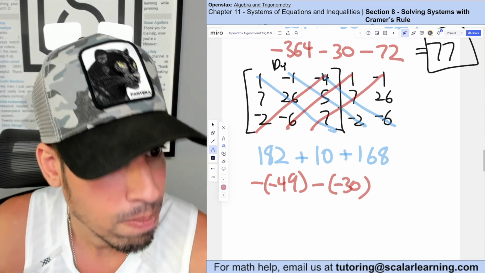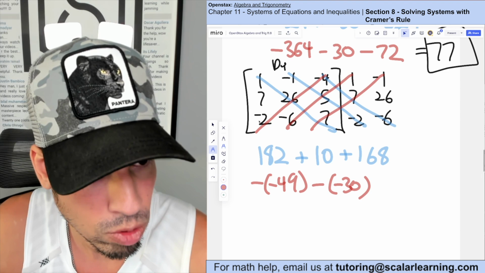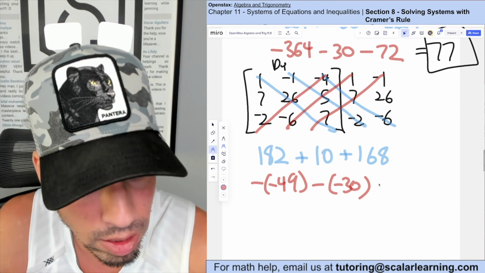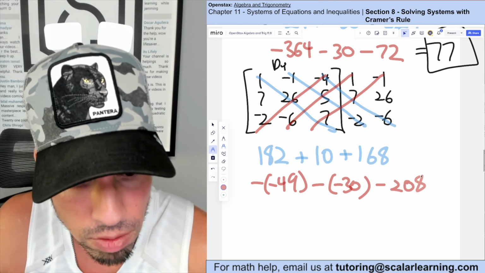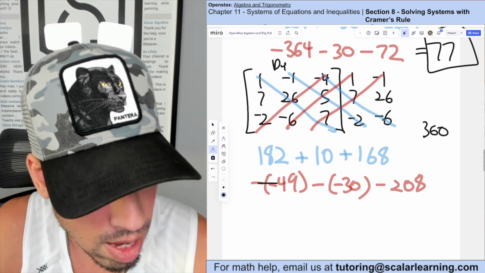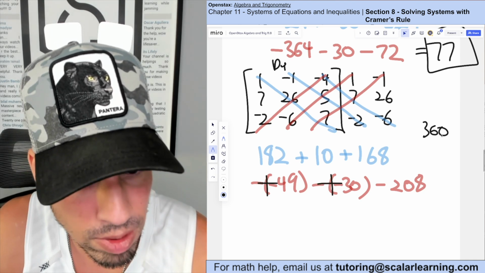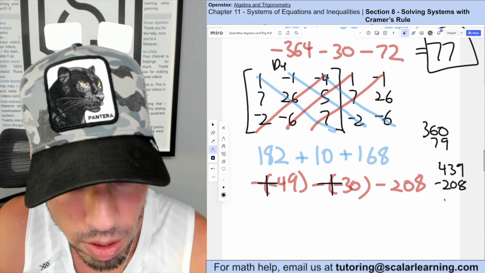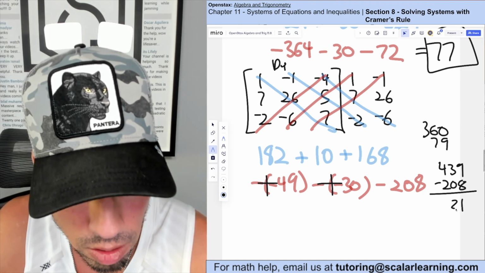Again, we're minusing that. And then negative 4 times negative 2, which is 8 times 26 is 160 plus 40 is 208. So we're minusing a positive 208. So add these blues up, we get 360, and then that becomes a plus 79, which is 439 minus 208, which should give us 132.